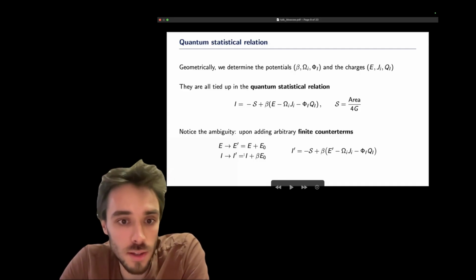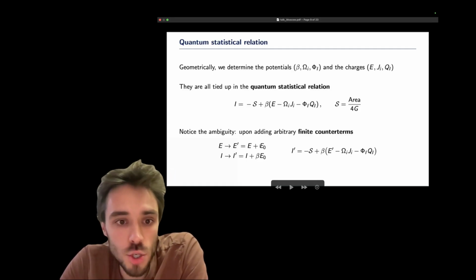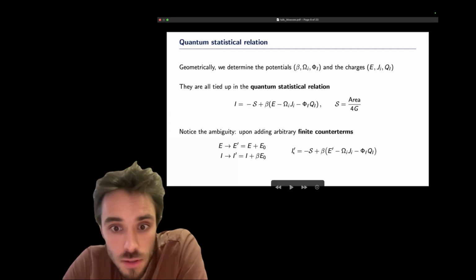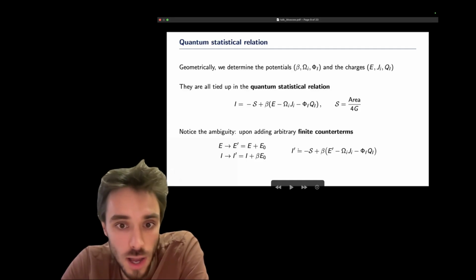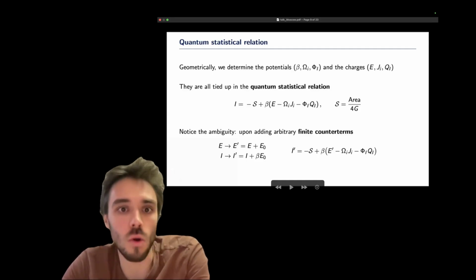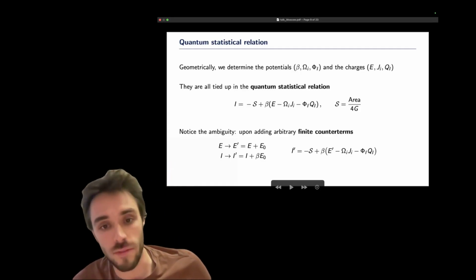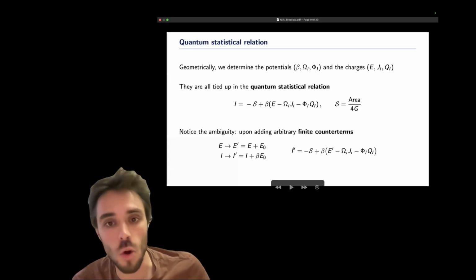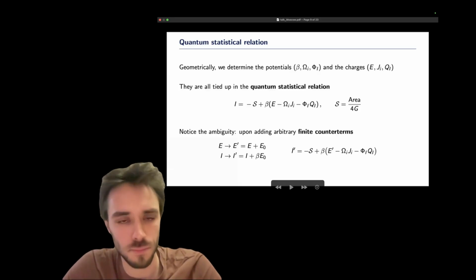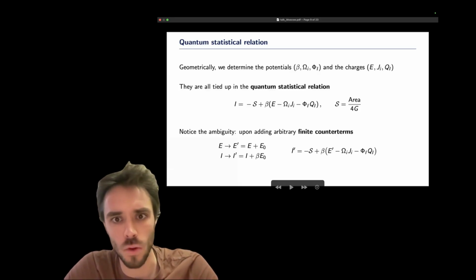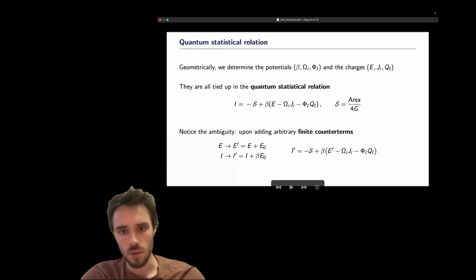It is also modified in a similar fashion, just multiplied by beta, in such a way that the quantum statistical relationship still holds, but now what you called energy and what you called action are different. So all I'm saying is that neither the energy nor the on-shell action are well defined in principle. These are just scheme dependent objects, and that's life. Okay, so this is just a remark which will be important in a second.